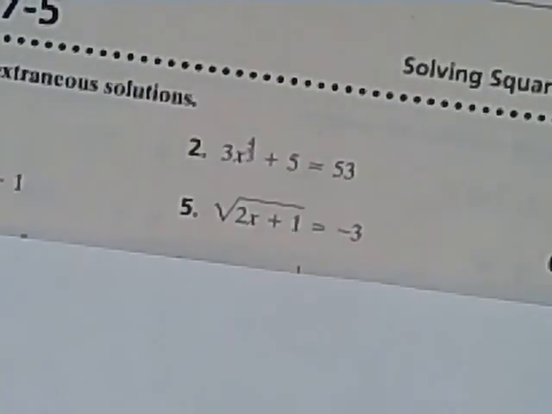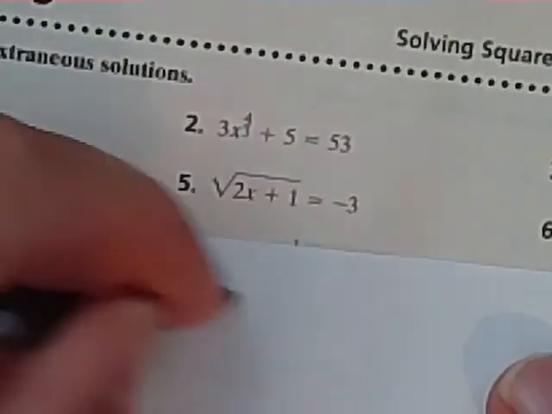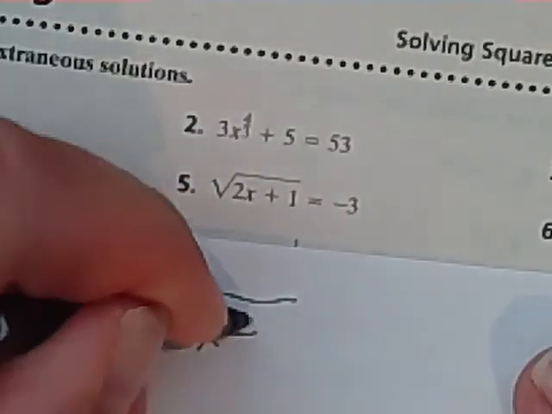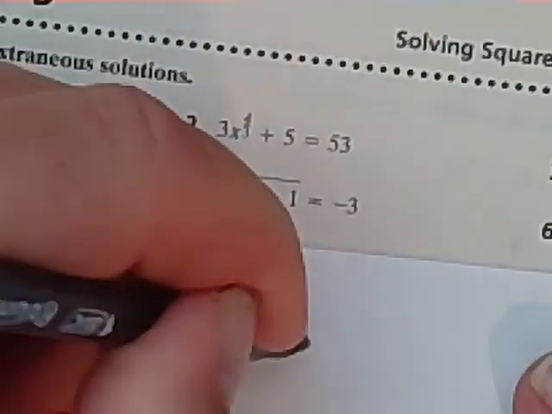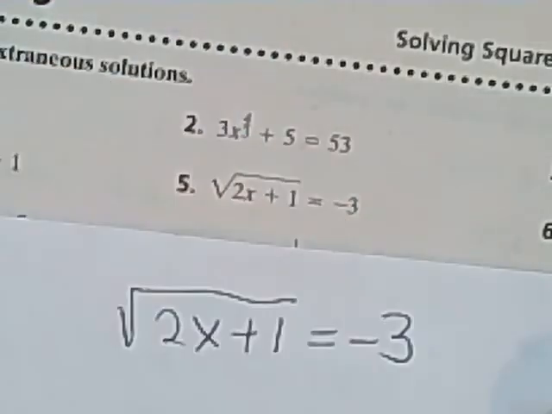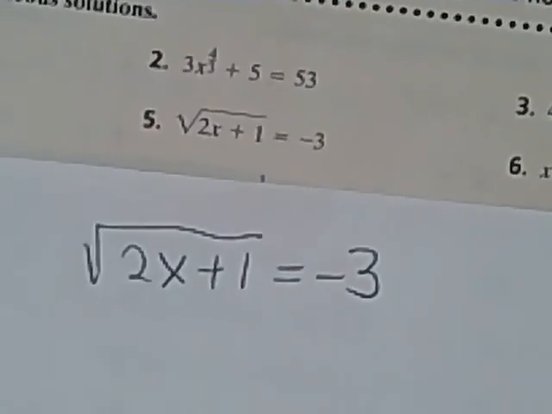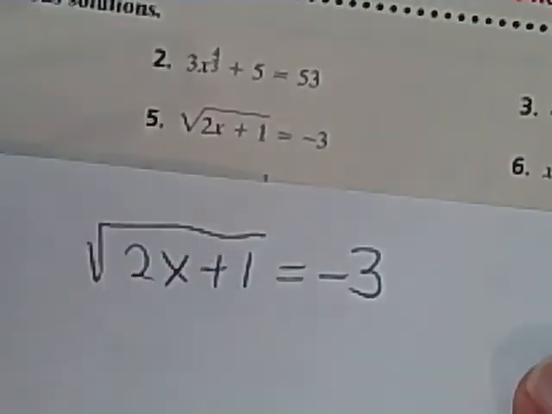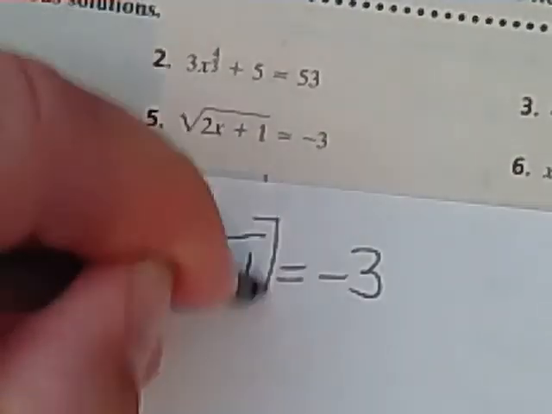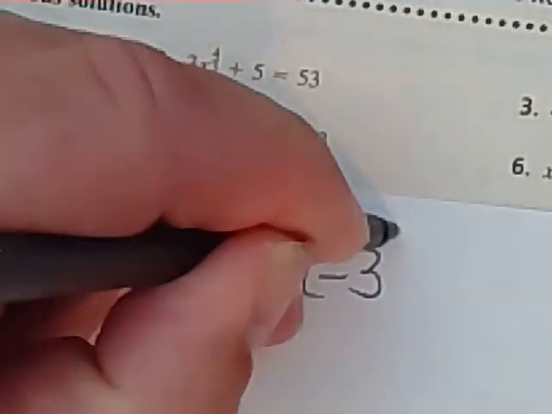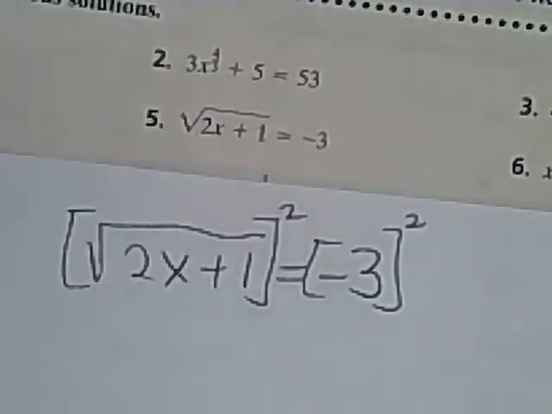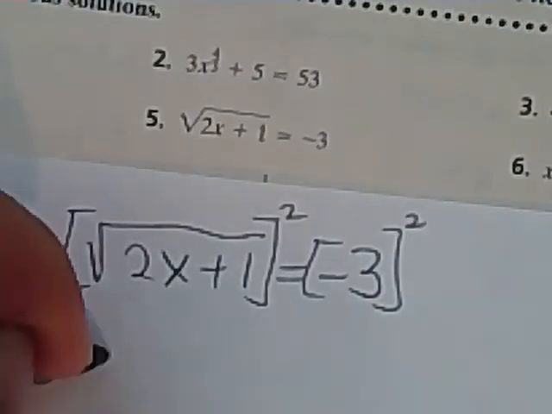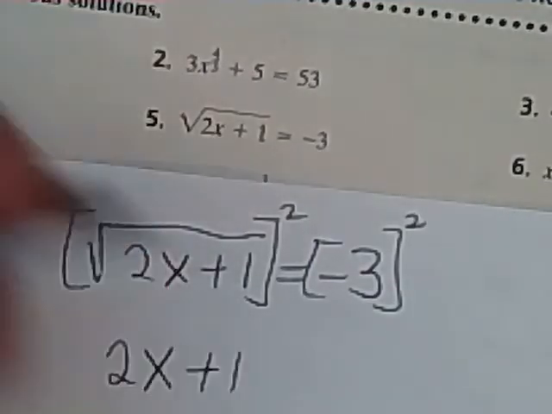Number 5. The square root of 2x plus 1 on the left is equal to -3 on the right. My first step, I would square both sides of this equation to get rid of that square root. On the left, it says 2x plus 1.